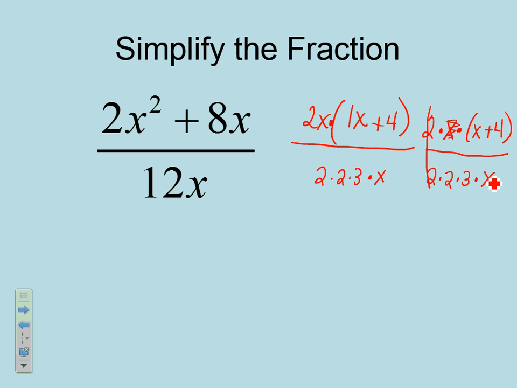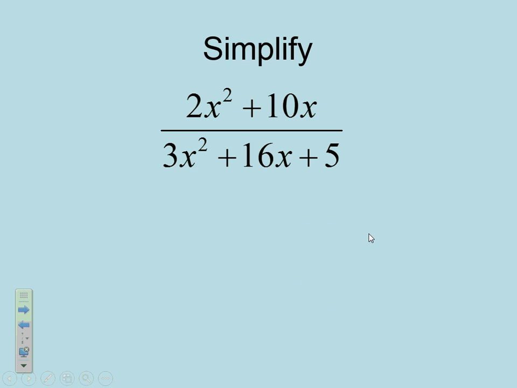This x cancels with that x. I'm left with x plus 4 over 6, because 2 times 3 is 6. That's my answer. Again, I am only canceling factors, not terms.